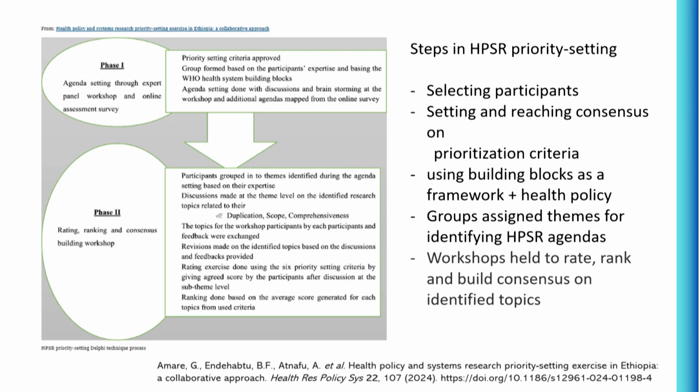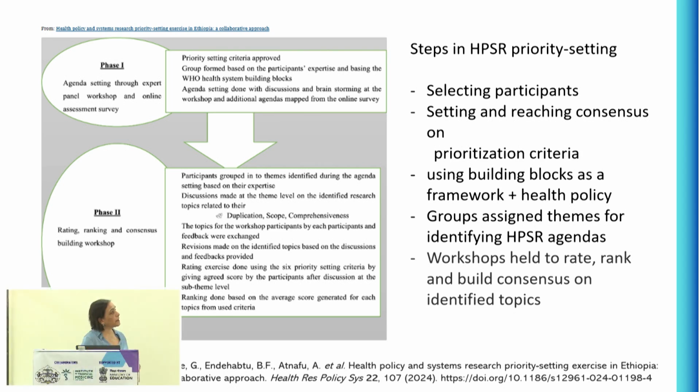So we had some very general criteria before, which was relevance, acceptability, et cetera, but they took a lot of time to think through the criteria. And then they basically used the building blocks as a framework, and they added on health policy. And they then grouped their stakeholders according to the building blocks.